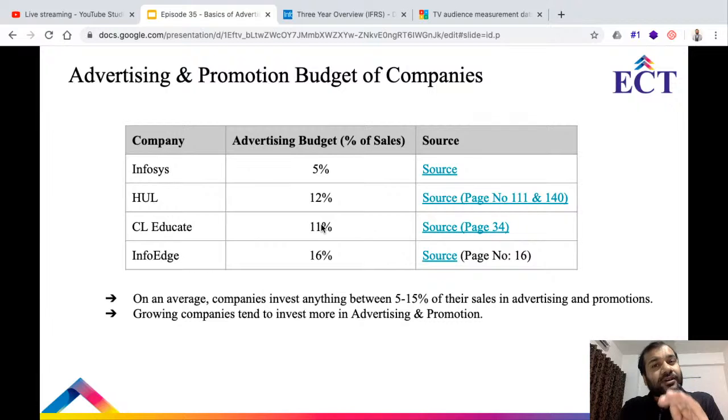And even after spending those 15 rupees, it is not necessary that you will earn that 100, because advertising need not necessarily give a positive outcome every time. That can be a waste also. So what will you do in that case?